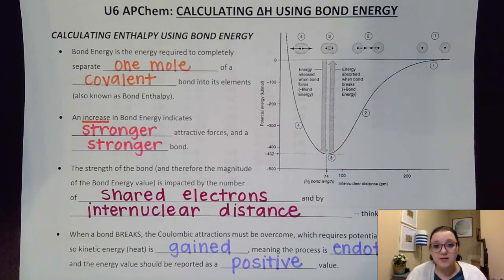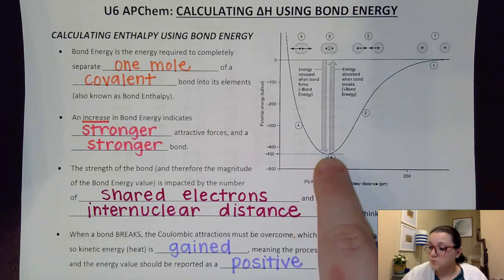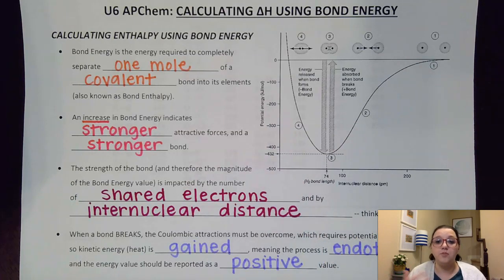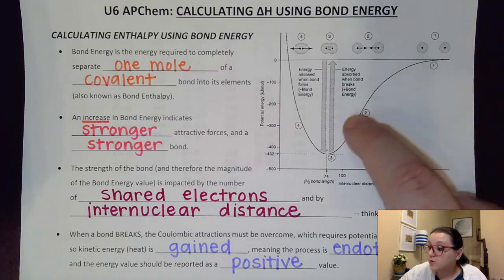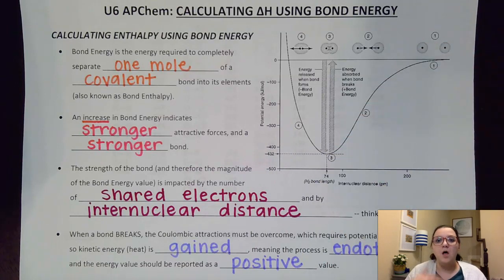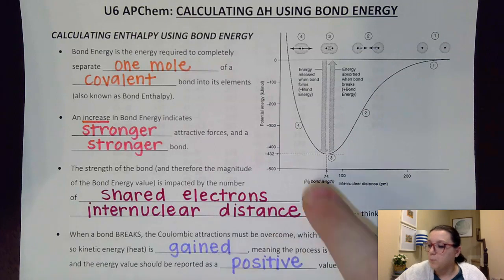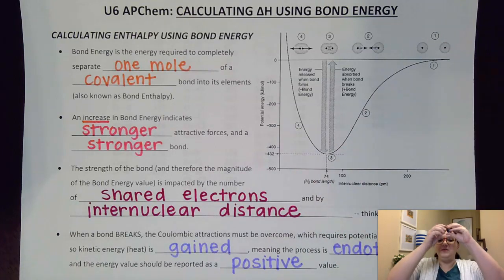For example, this graph is for diatomic hydrogen, and we notice that that occurs at negative 432 kilojoules per mole. So that means 432 kilojoules for every 1 mole of diatomic hydrogen would get released as that bond forms.